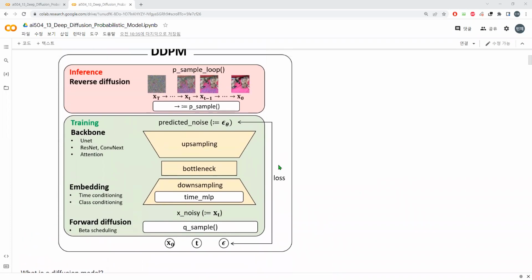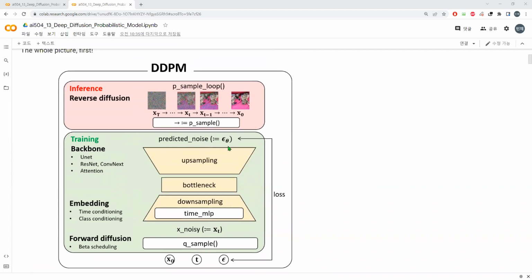But please remember that this predicted noise is for predicting the added noise for a single time step. That's why we can't just reverse in a single step in the reverse diffusion process.